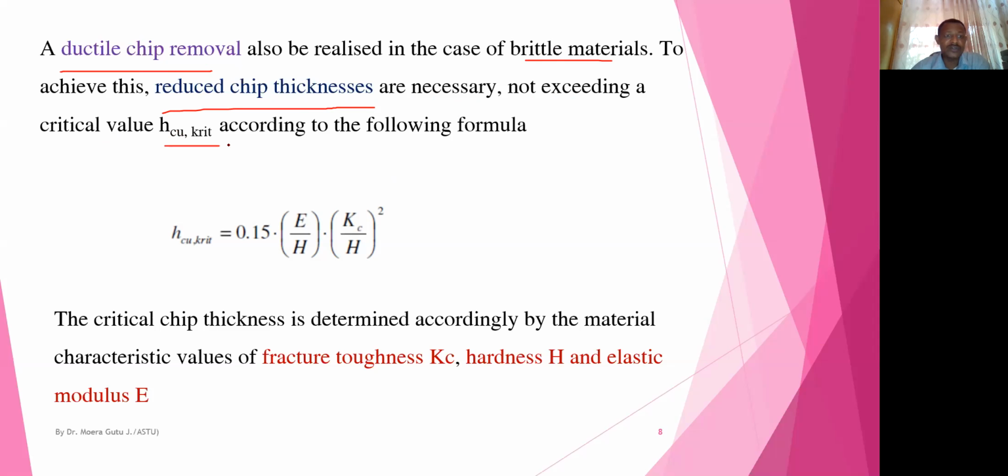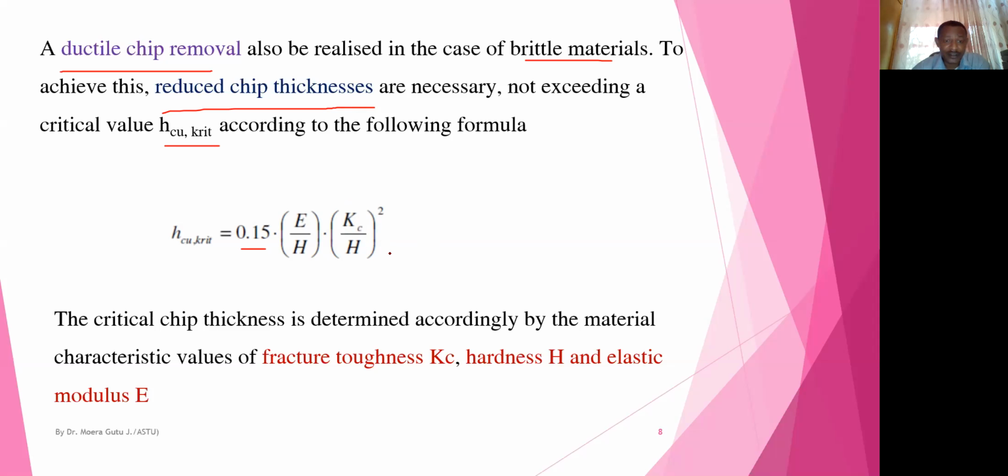hc, the reduced chip thickness value, equals 0.15 times E, the Young's modulus of the material, over H, the hardness of the material, times Kc, the fracture toughness of the material, over H, the hardness of the material, the whole squared.